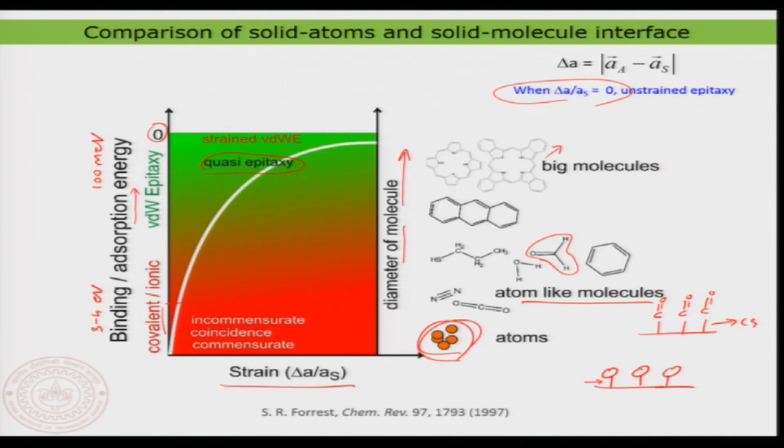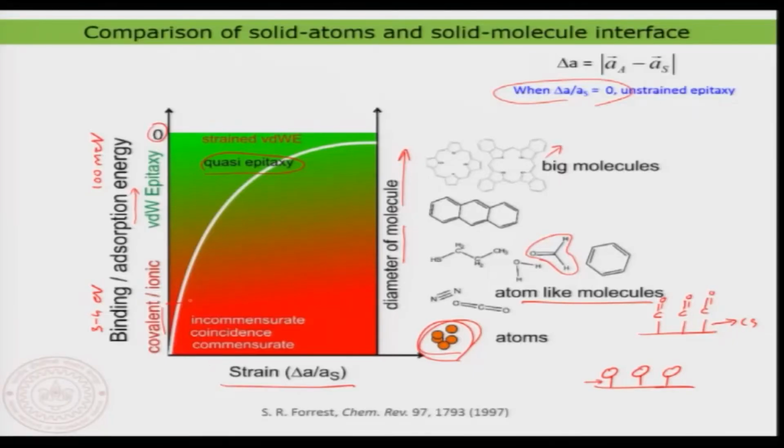The lattice mismatch of a molecular adsorbate with that of the surface is enormous, because you have to consider the entire molecular dimension, and the lattice of the surface is very small. So that is the reason why you would find that the so-called strain is increasing in this fashion. It is a qualitative measure.